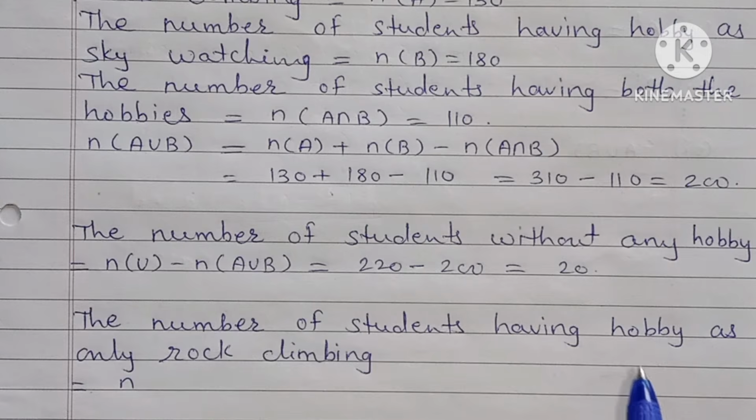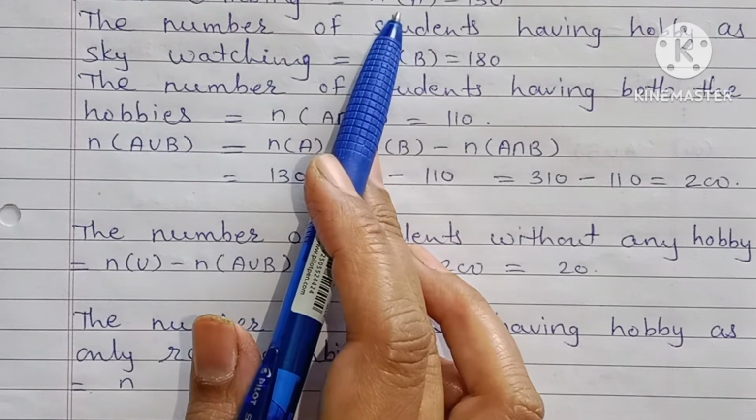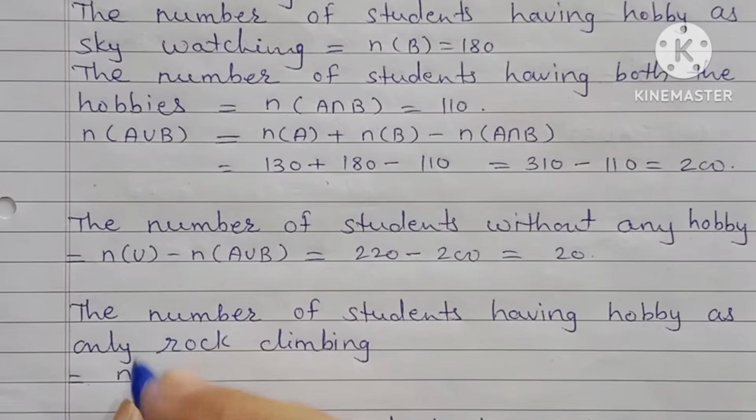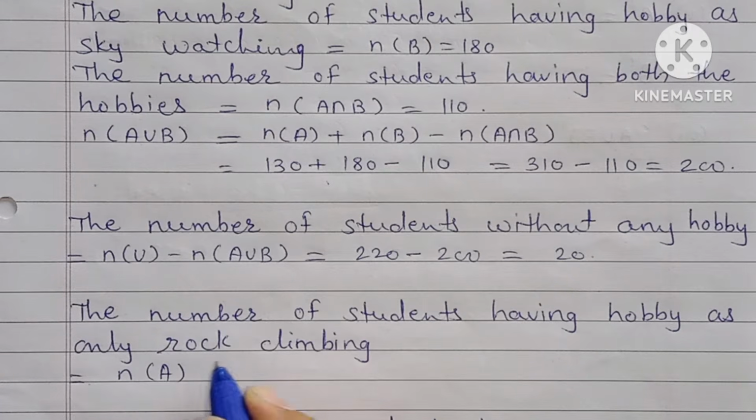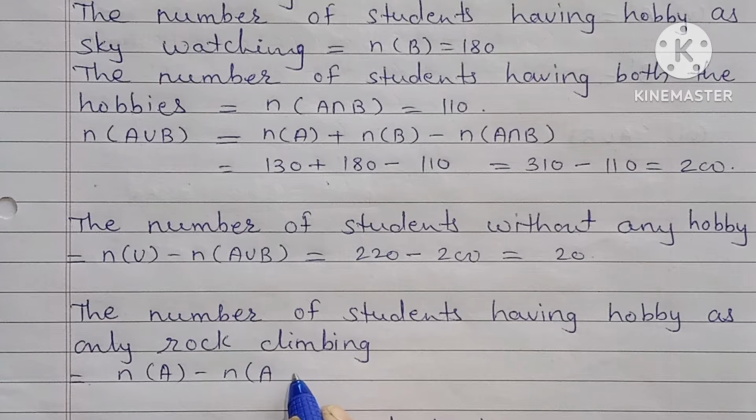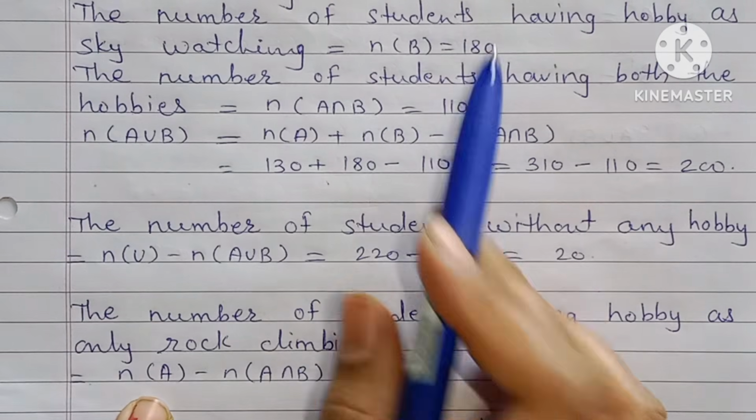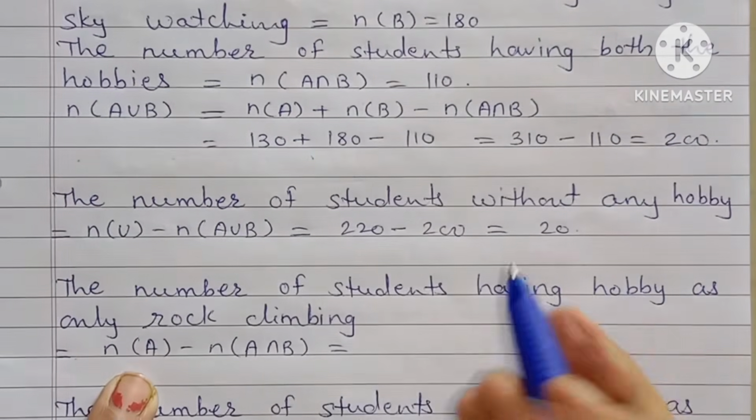For rock climbing, n of A is there, means n of A minus n of A intersection B. n of A is how much? 130.